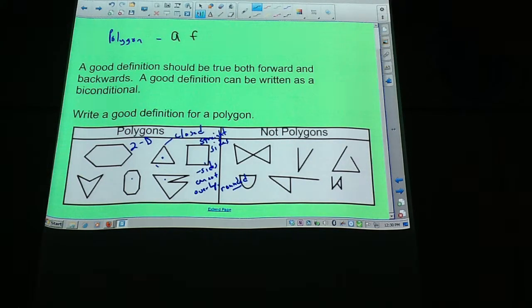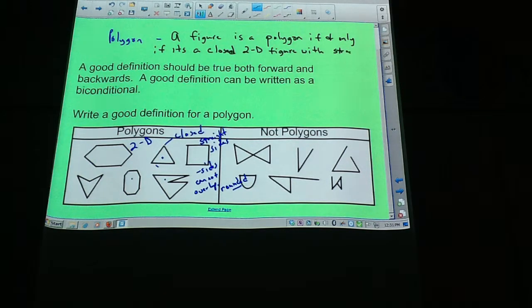Let's see: a figure is a polygon if and only if it's a closed two-dimensional figure with straight, non-overlapping sides.